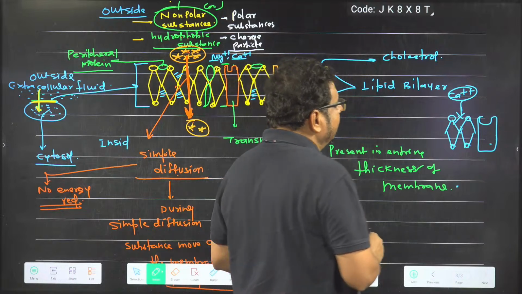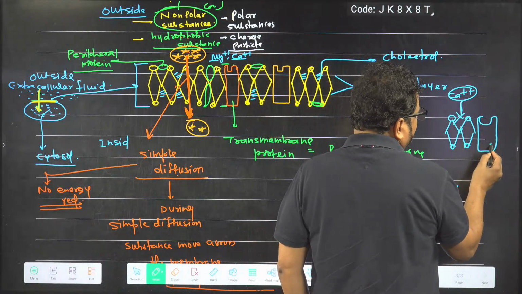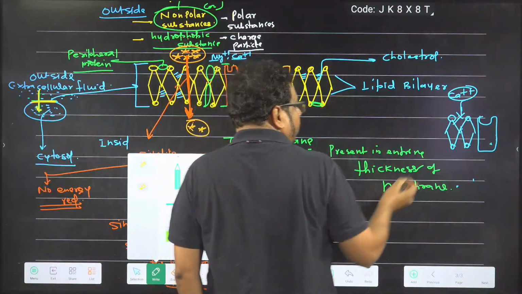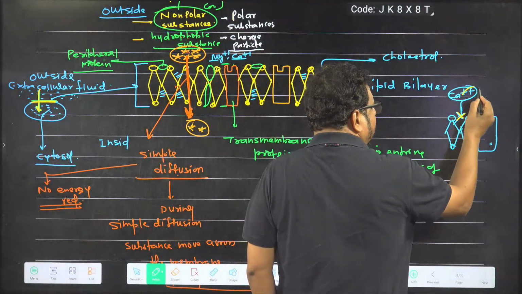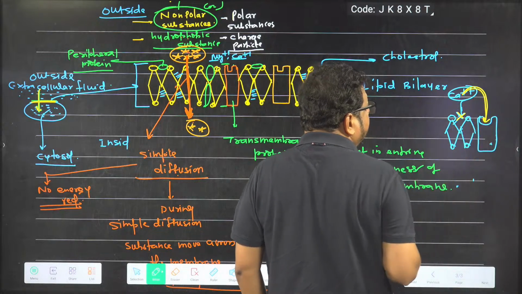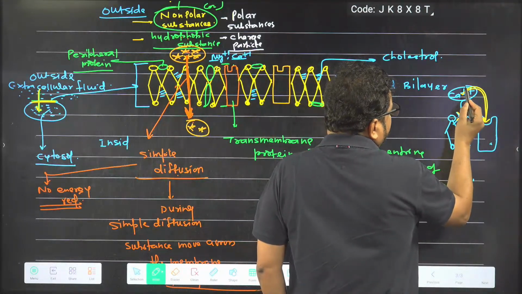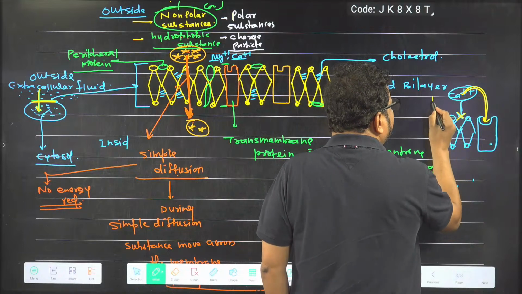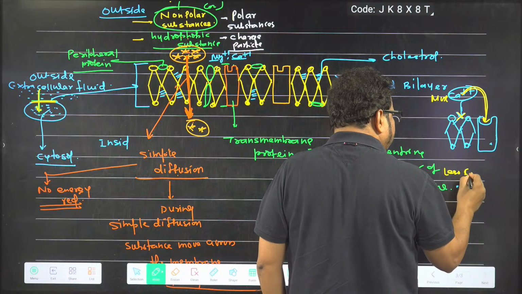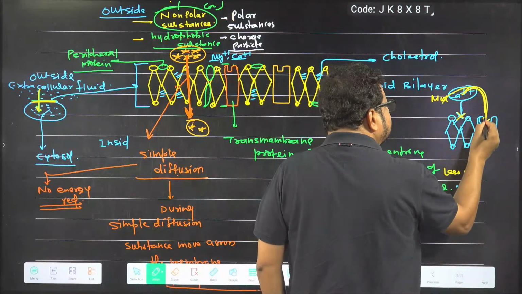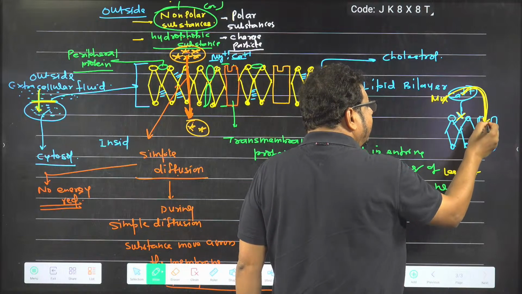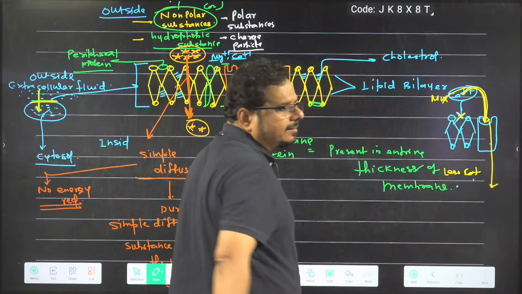Now who is helping calcium? These proteins. These proteins are saying, okay, brother, don't worry. The lipid bilayer does not allow you now. I am here for you. Don't worry, you can go to the next side through me. So what is happening? There is more calcium outside and less calcium inside. So this calcium binds with the carrier protein, and with the help of this carrier protein it goes to the other side.